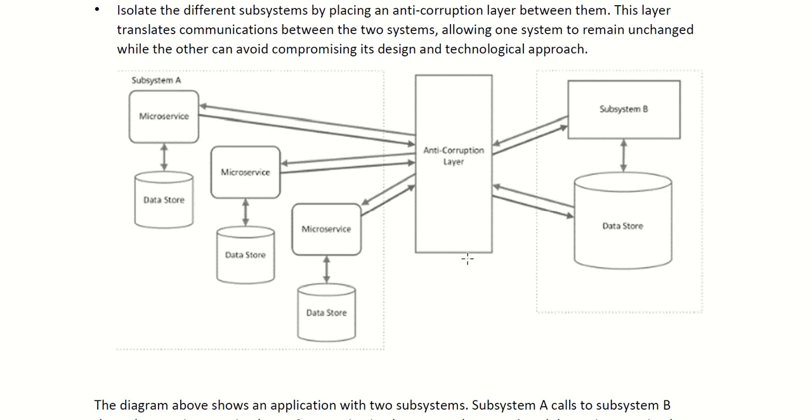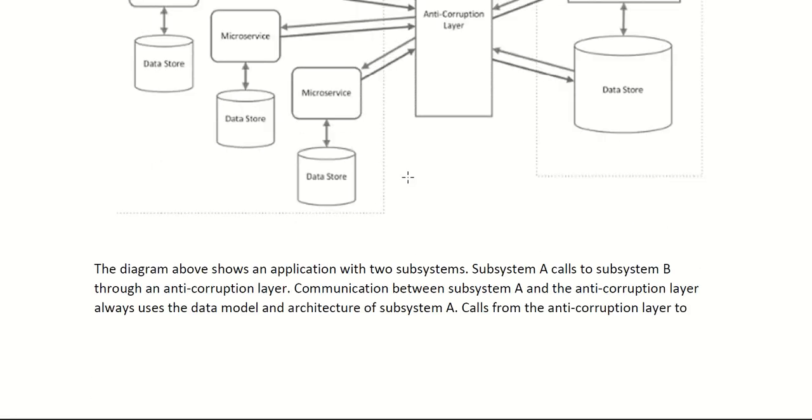Is it your plan to continue with the anti-corruption layer permanently, or do you plan to upgrade your legacy services to the latest technology stack or the latest design with which the other subsystems are working? So these are some issues and considerations you have to take care of.